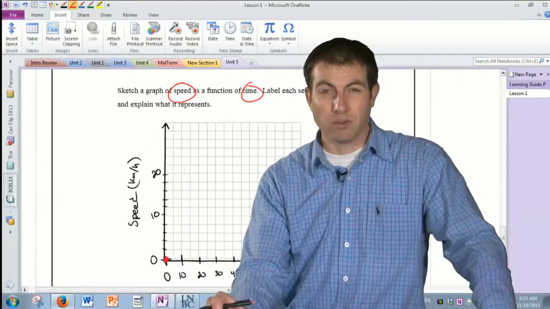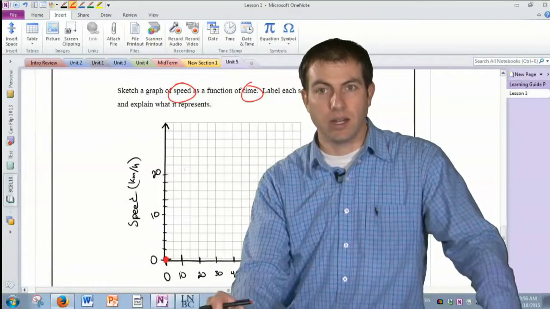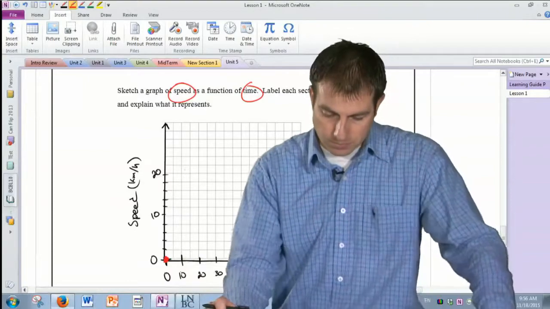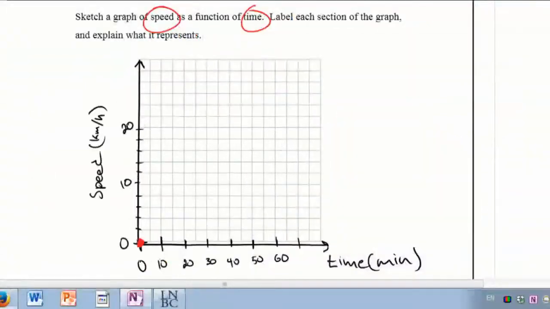If you were pedaling really, really hard, you could probably get there in around a minute or less, let's say. So basically what's going to happen is she's going to get to this 20 really quickly. This first line here is 5 minutes, and this is 10 minutes. So I'm going to assume that it takes her a minute or less to get to 20. Just a few seconds even, yeah.